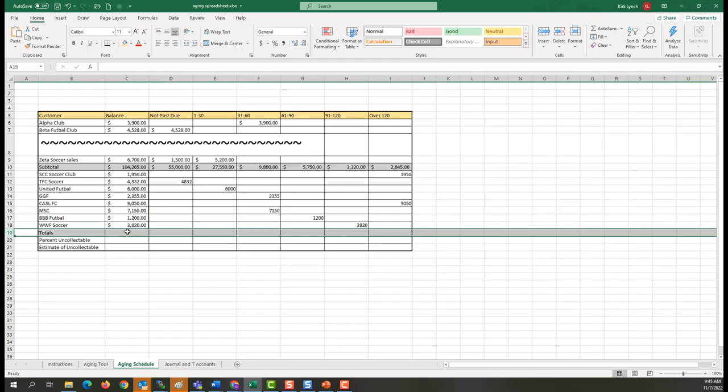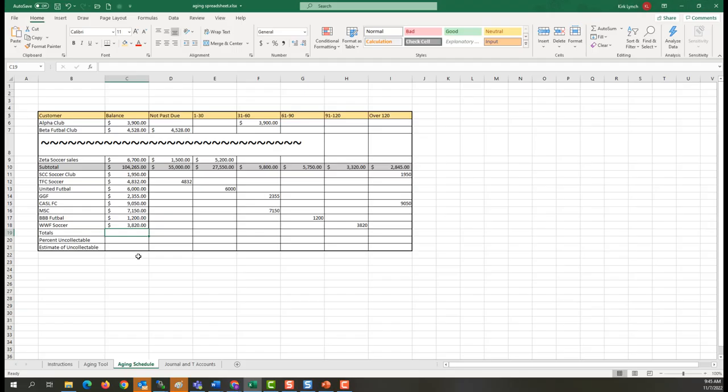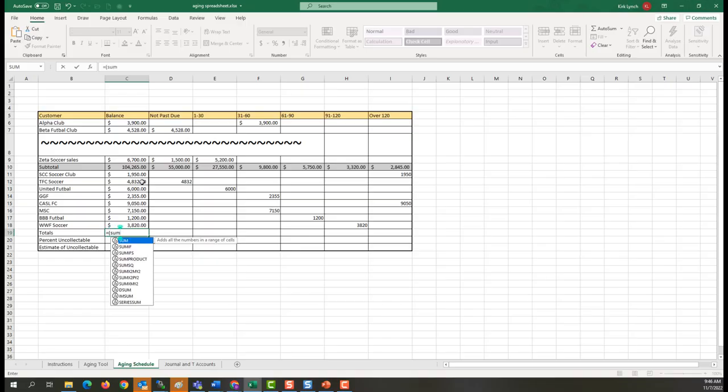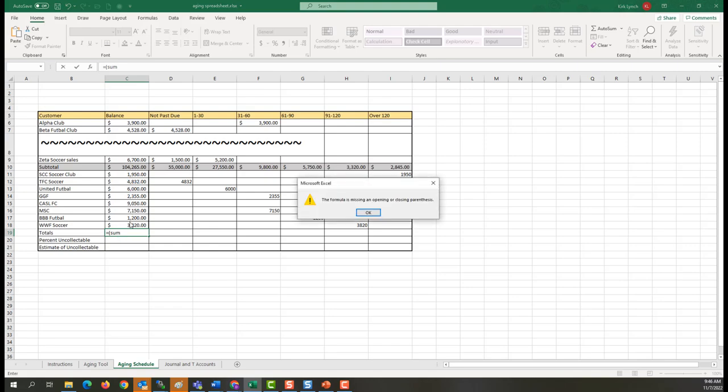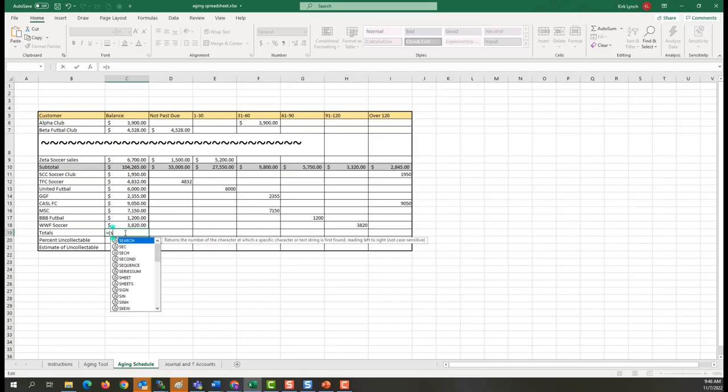So I'm going to use Excel and build a formula here, and so this is going to be equal to sum, and then we're just going to add the old subtotals and then any new additions to that. Did that wrong. My formula equals sum, open paren.